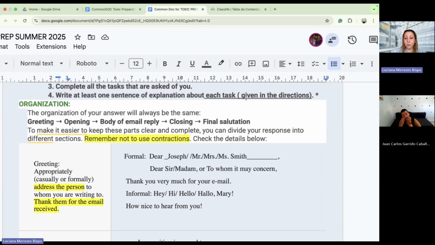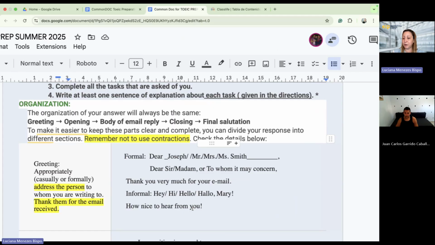Okay, before we go over the tasks, we are going to revise the organization of the emails. I said before, you were not in the classes last week, but I insisted very much that every writing, no matter how short or long, needs organization, and the organization means introduction, body, conclusion.